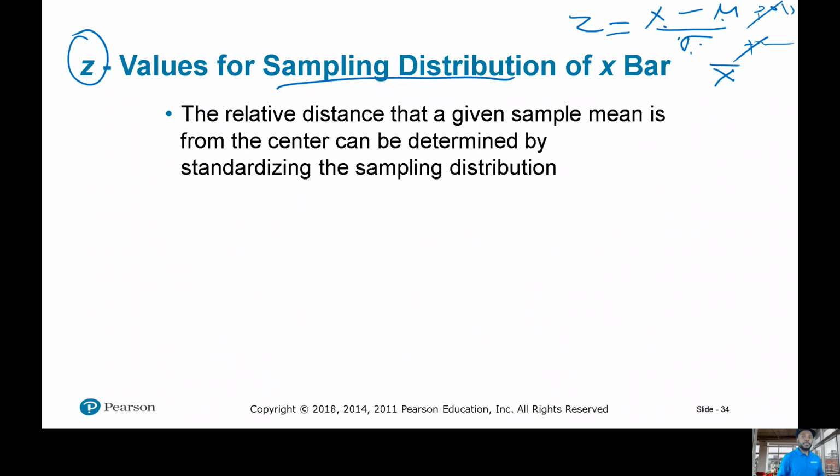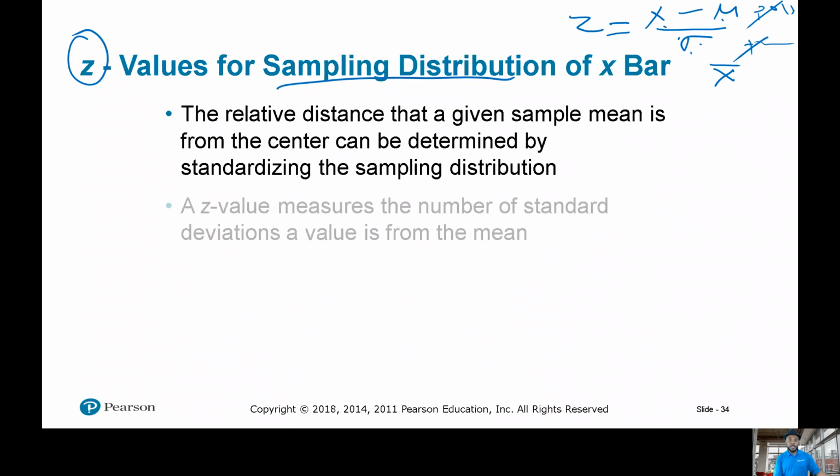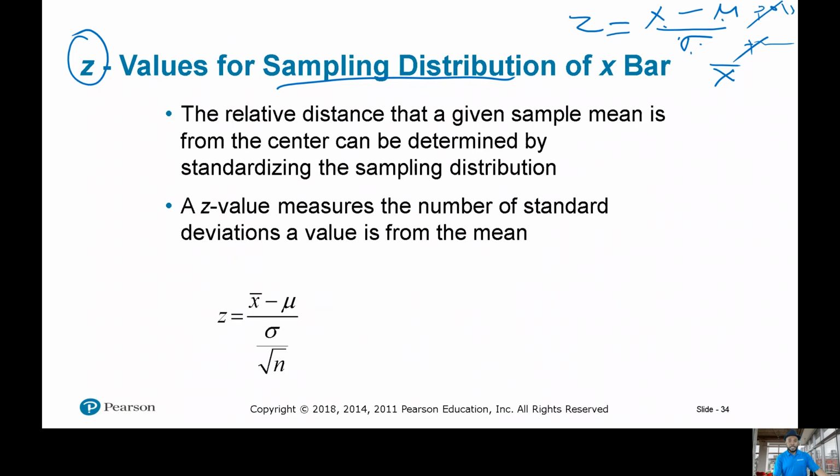So the z-score is unitless. We sometimes say z-value; z-score means the same thing. The z-score measures the number of standard deviations a value is from the mean. That's what we said before.